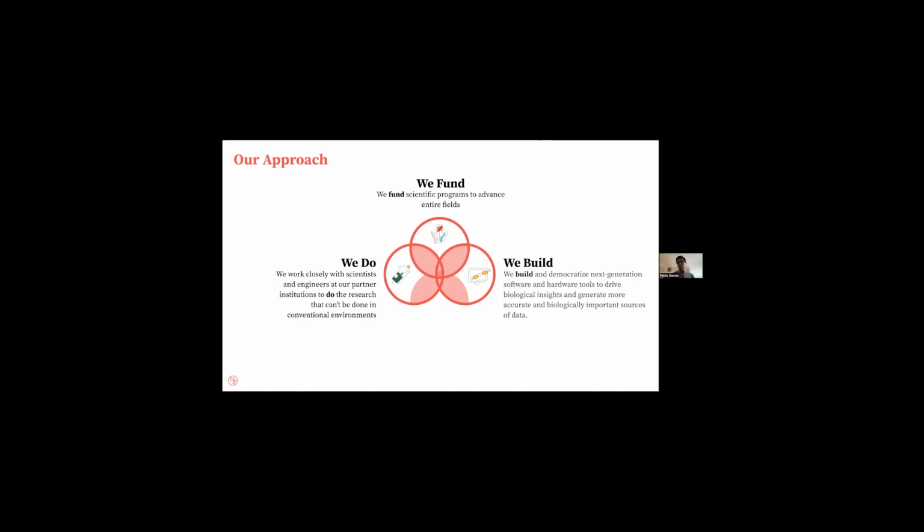We do by working very closely with certain partners who perform the actual research and experiments to support them in any way we can, specifically on the tech solutions and the software solutions that they need. And we also build these pieces of software to help the entire community have equitable access to the data that's being generated through our grants.